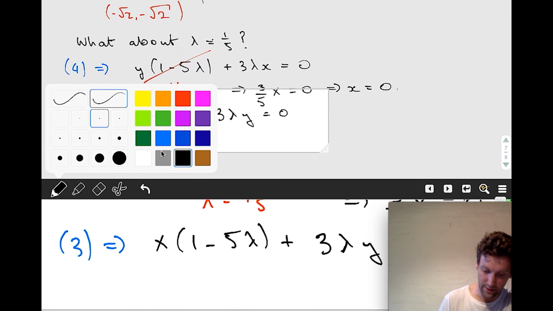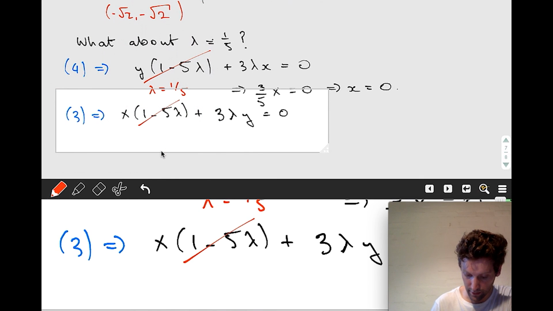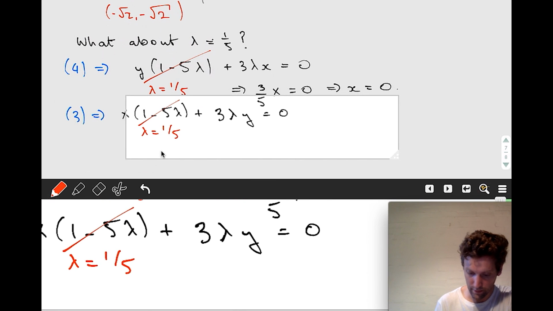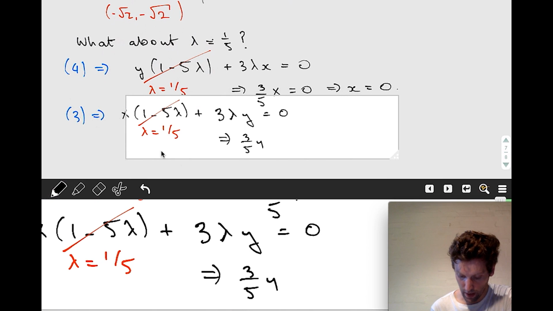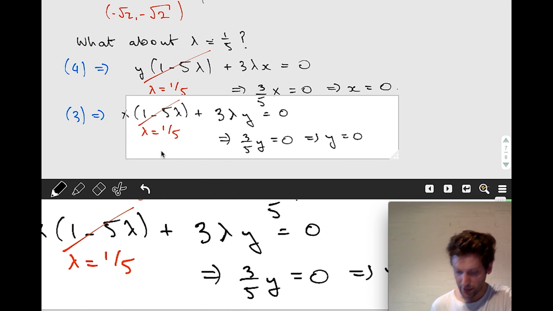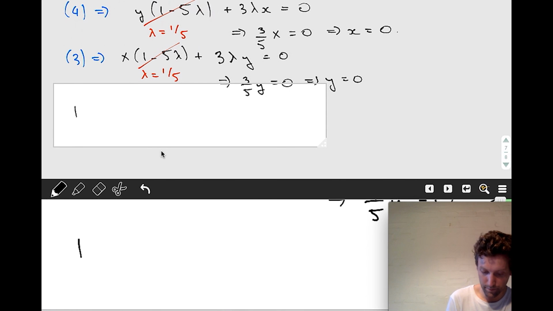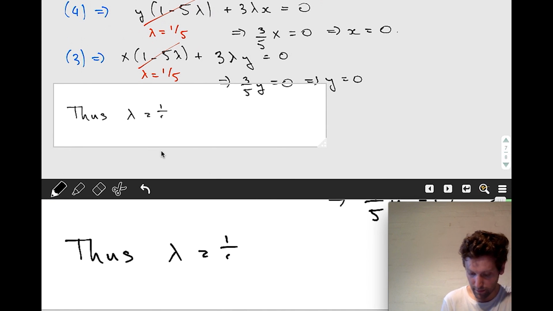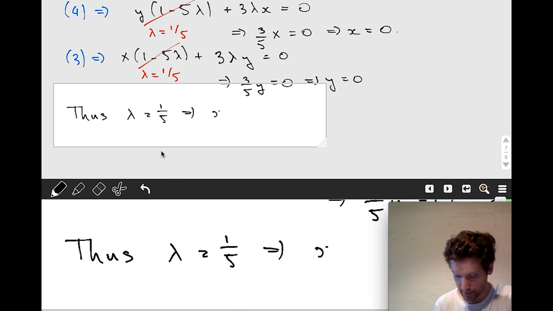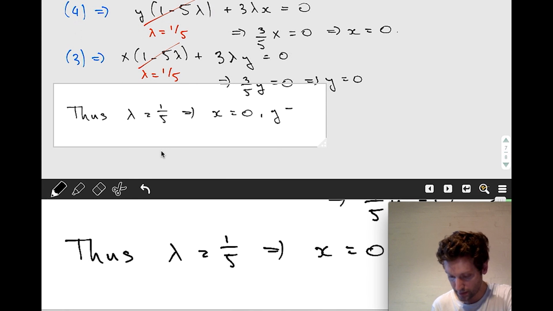Again, if lambda is equal to 1/5, that expression there will be 0, and I'm left with 3 times lambda, so 3 over 5 times y is equal to 0, which again gives me y is equal to 0. So that implies lambda is equal to 1/5 implies that x is equal to 0, y is equal to 0.